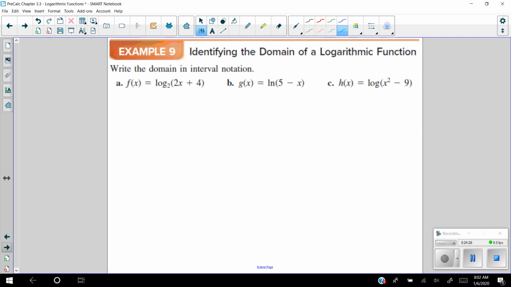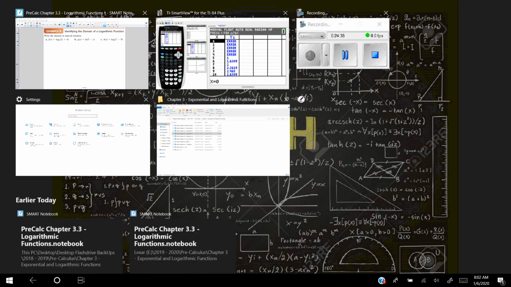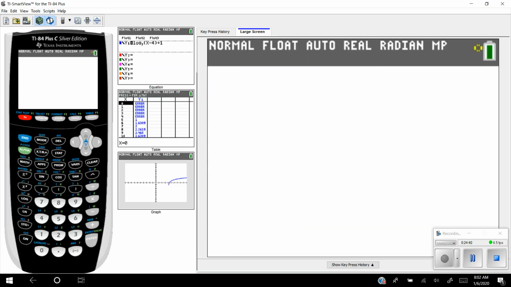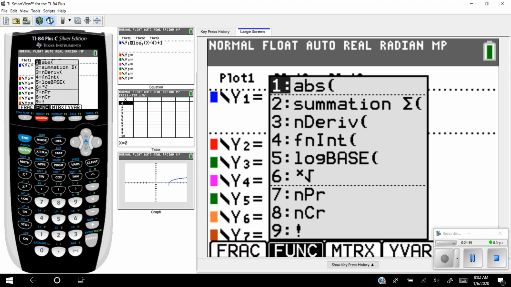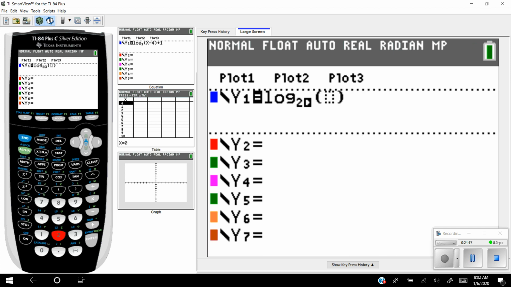Identifying domain, easiest way to do that is just to graph it and look at where your vertical asymptotes are. So this one says write the domain of log base 2 of 2x plus 4. All right, let's take a look at the graph of that. So y equals, change your base button, alpha window 5, log base 2 of 2x plus 4.